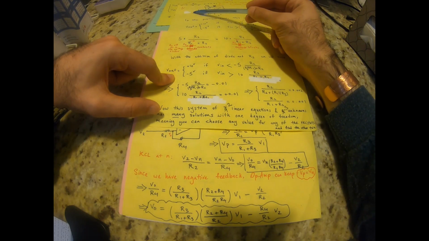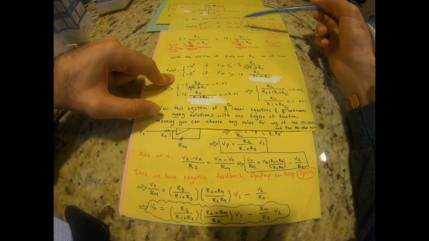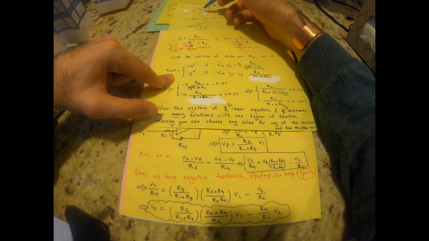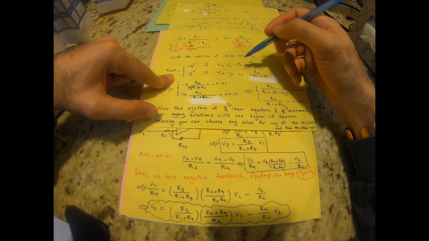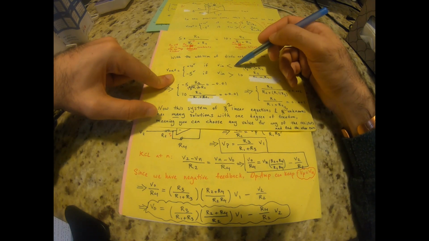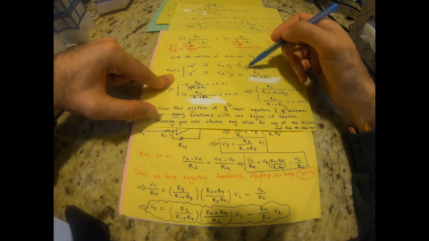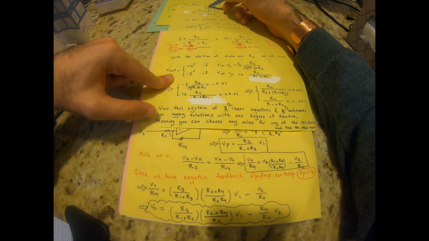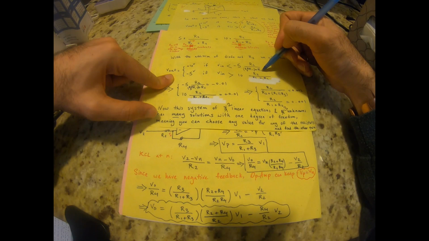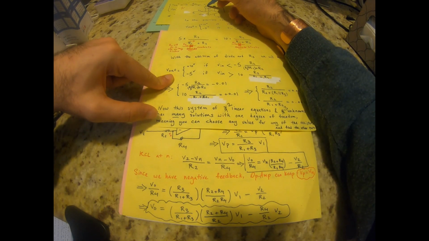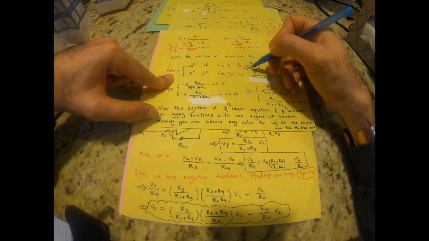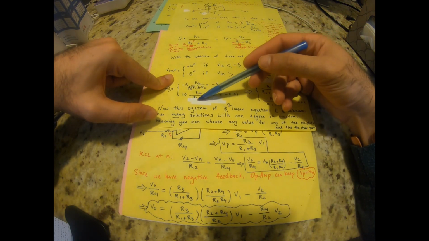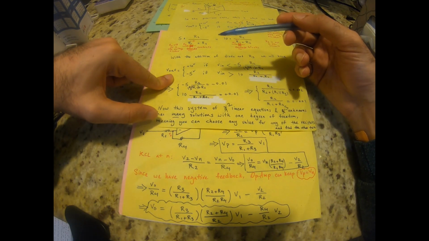When current goes from ground to V out, the voltage of this point is going to be -5 times R2 divided by R1 in parallel with R3 plus R2, right? Because now we have these two resistors in parallel with each other. So now we have two equations and three unknowns.